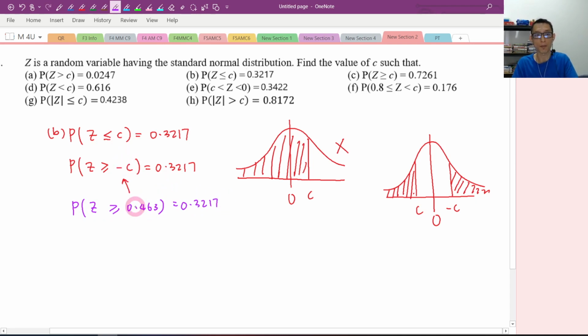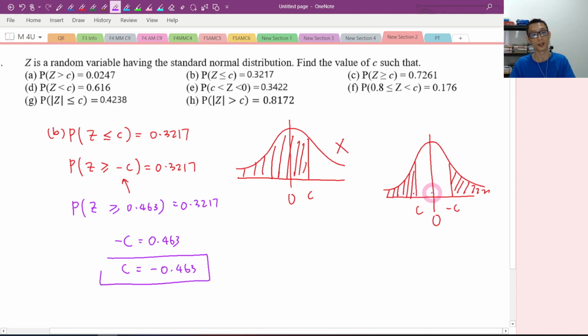And then we need to compare these two. From here we know that negative c is equal to 0.463. Then is it possible for you to get the c? Yes, just move the negative sign to the other side. Then c is negative 0.463. As we expected before we started to calculate, the c is actually a negative number, right?